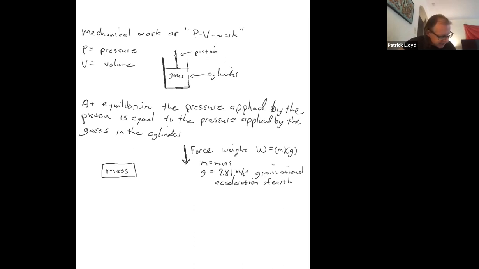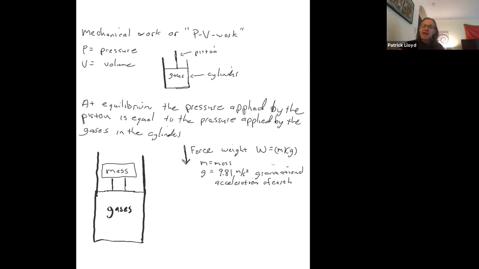So now imagine that I balance that mass on this piston. So I'm drawing the piston a little bit bigger. Okay, so here are the gases in here.